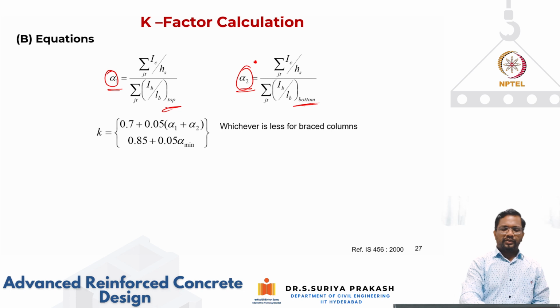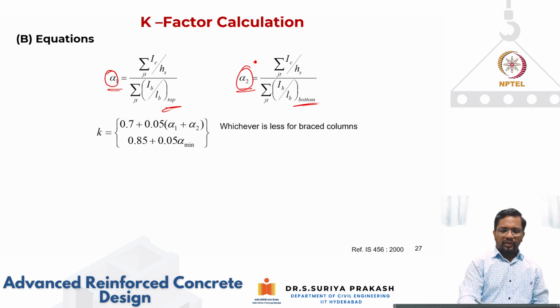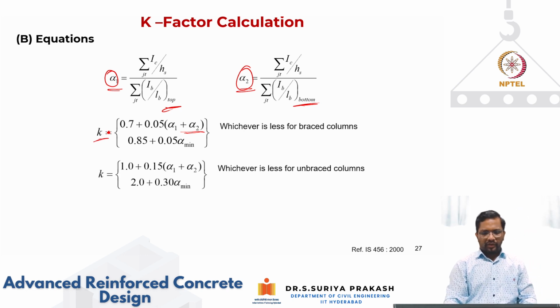Now K value can be expressed in terms of alpha 1 and alpha 2 that I calculate based on the stiffness of the columns and beams connecting at that particular joint. If you calculate alpha 1 and alpha 2, I can plug into this equation and find the value for K. This is for a braced column and this is for an unbraced column. Like this, we can find K using this equation.